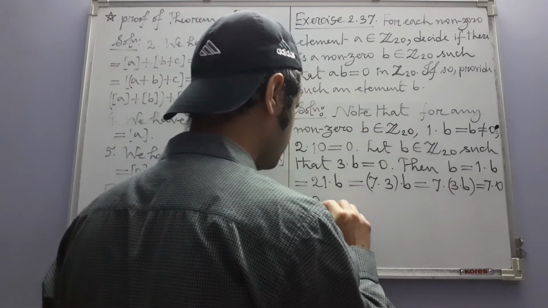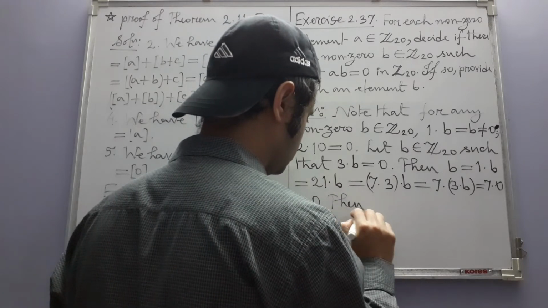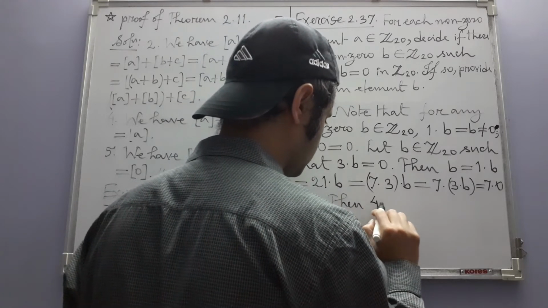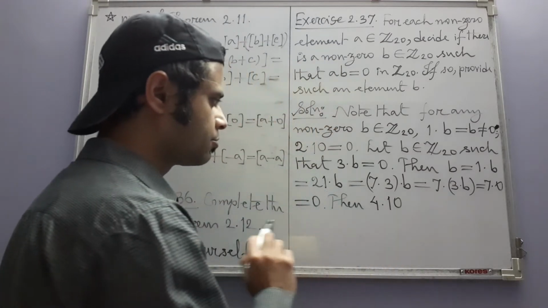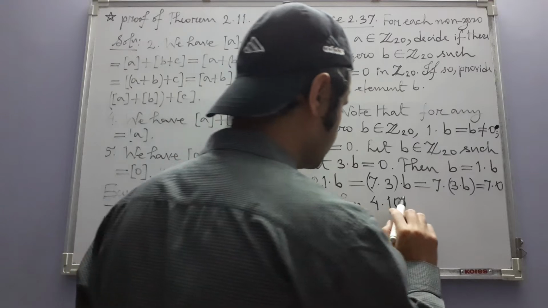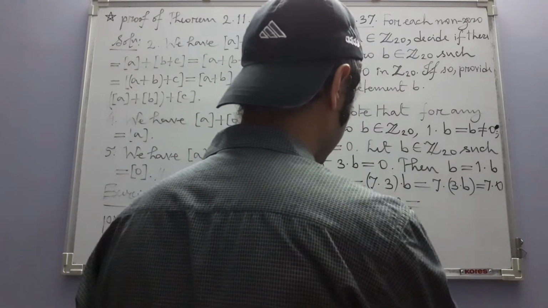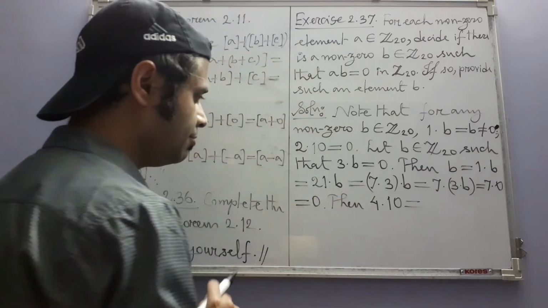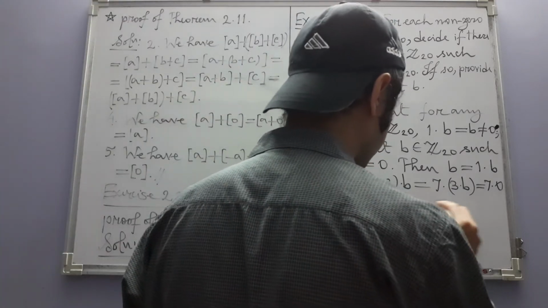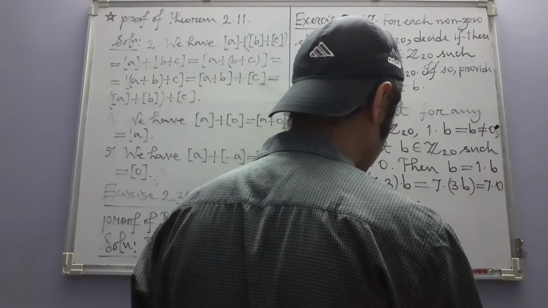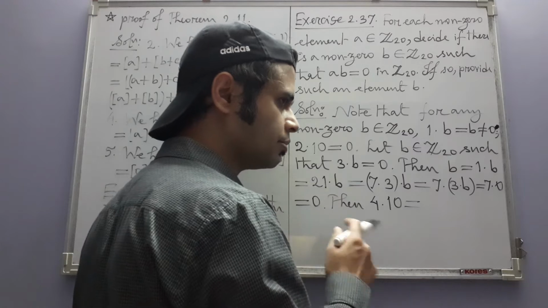Then four times 10 also has 2 times 10 in it, so that is equal to, in fact we can take care of the even numbers like this, and we should perhaps write them together so that we don't have to write again and again.